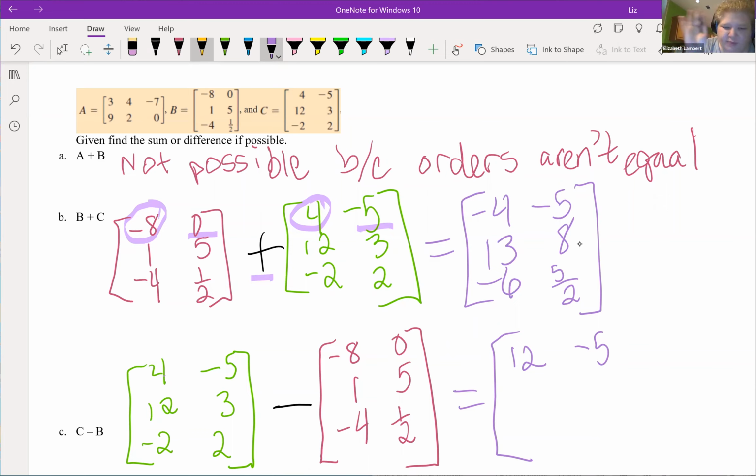Still the same answer, but it matters. Then 12 minus 1 is 11. 3 minus 5 is -2. -2 minus -4 becomes plus 4. -2 plus 4 is a +2 now. 2 minus 1/2, 2 wholes minus 1/2 leaves us with 3 halves. There's our result for C minus B.